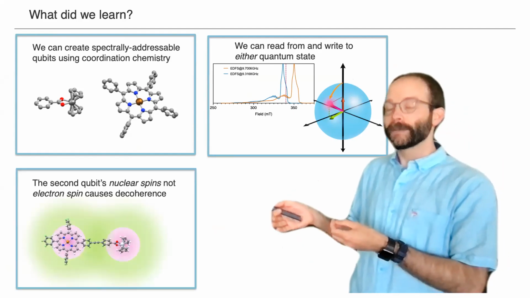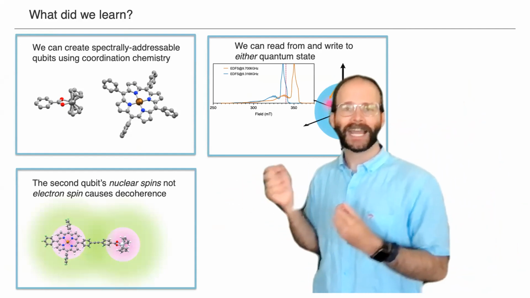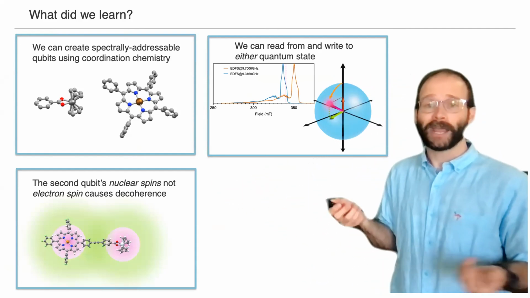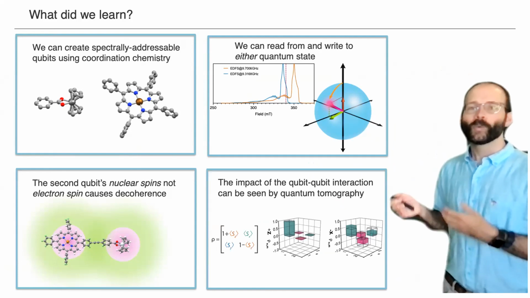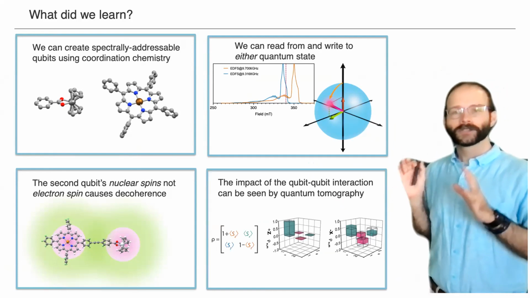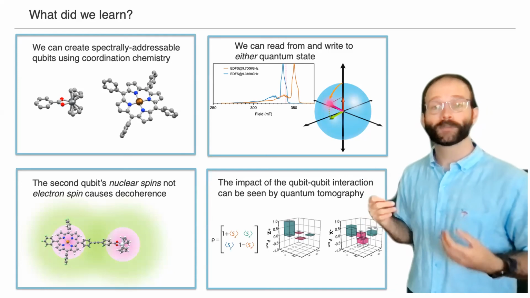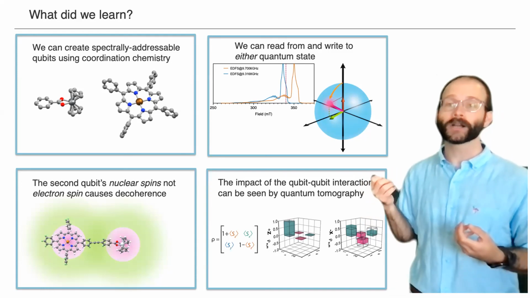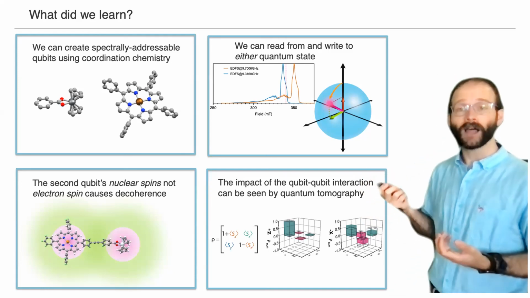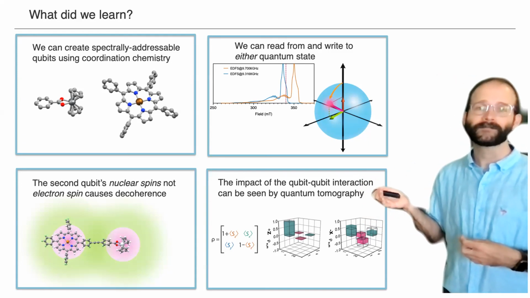Once we've written information into those qubit states, we actually find that the nuclear spins and not the other qubit's electron spin is the dominant source of decoherence. And finally, we can use the techniques of quantum tomography to map these quantum states that we produce much more in depth, and by doing so, learn about the quantum evolution of these states as a function of the interaction between our two qubits.